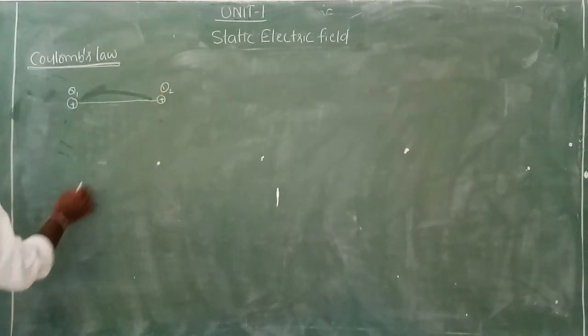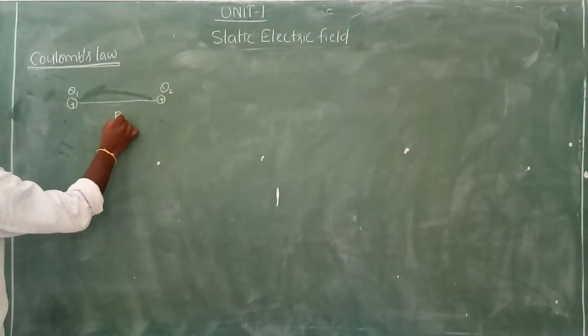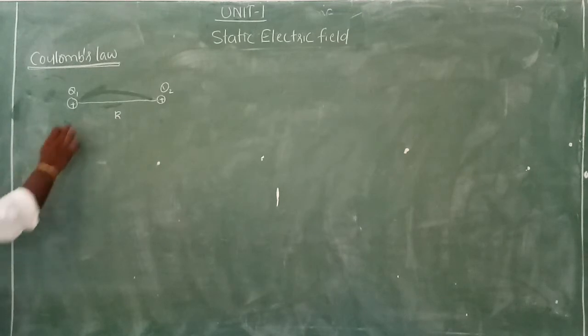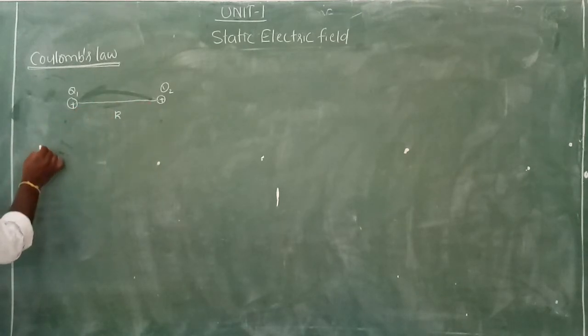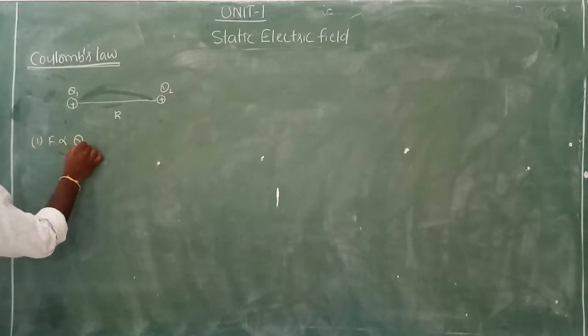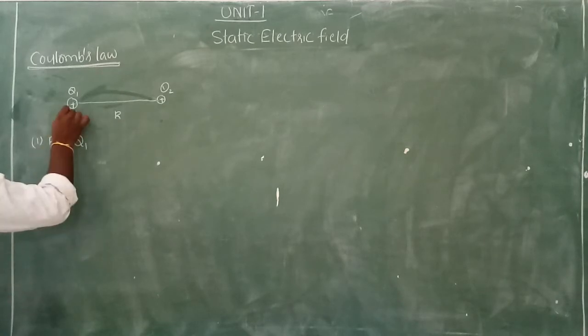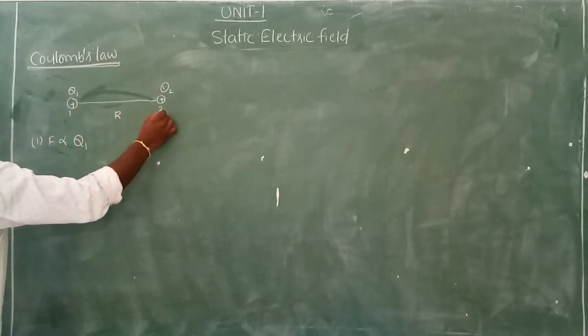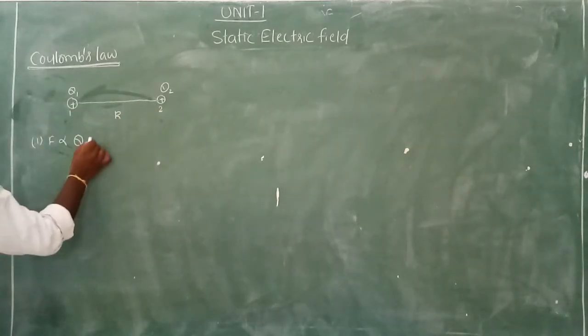it is q2, and the distance between the two charges is r. According to Coulomb, the force existing between the two point charges is directly proportional to the magnitude of the charge at position 1 and the magnitude of the charge at position 2.